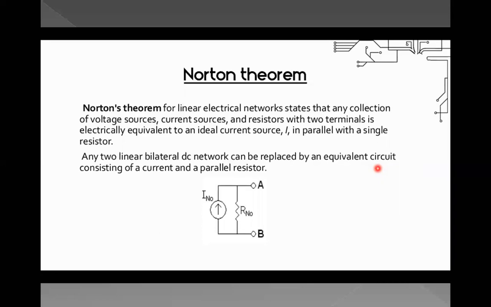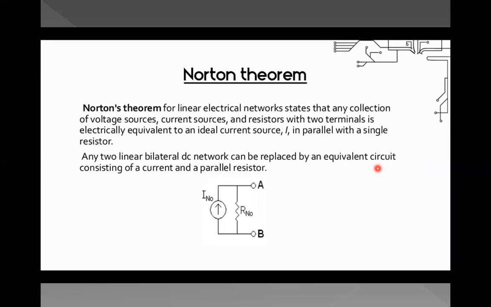So it is just as simple as the Thevenin's equivalent circuit. In the case of Thevenin's theorem, we said that any linear network can be replaced by an equivalent voltage source in series with a resistance.